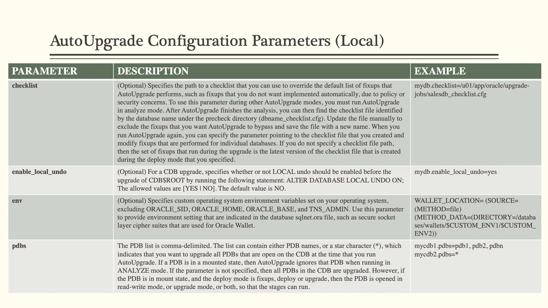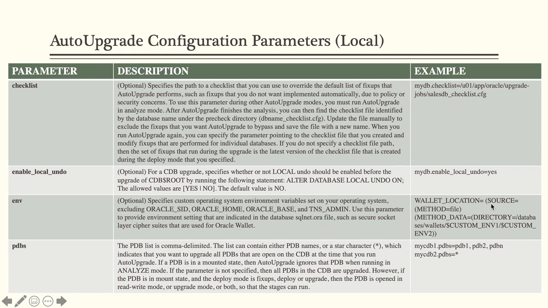Then env settings, especially if you are using TDE databases and you would like to pass to the auto upgrade utility the Oracle SID, the Oracle Home, Oracle Base, TNS Admin, wallet locations. Some of those environment variables can be passed to the auto upgrade utility using the env parameter, something like here.